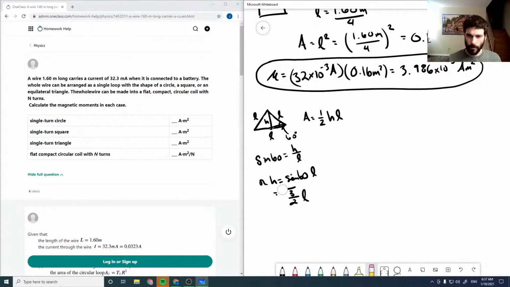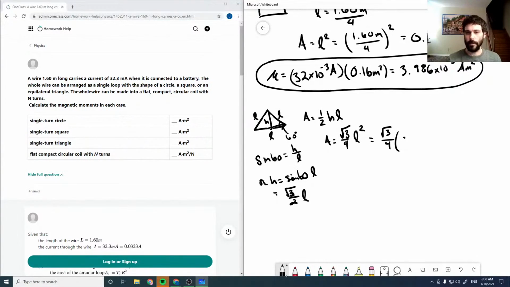And just to make that slightly more clear, it's square root of 3 over 2 times our length. So our area is root 3 over 4 L squared, which is root 3 over 4 times our length.